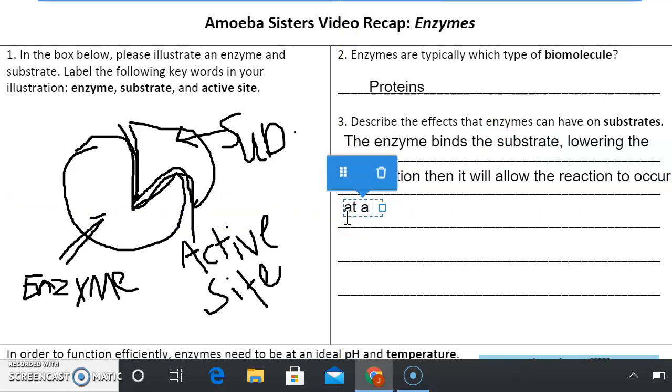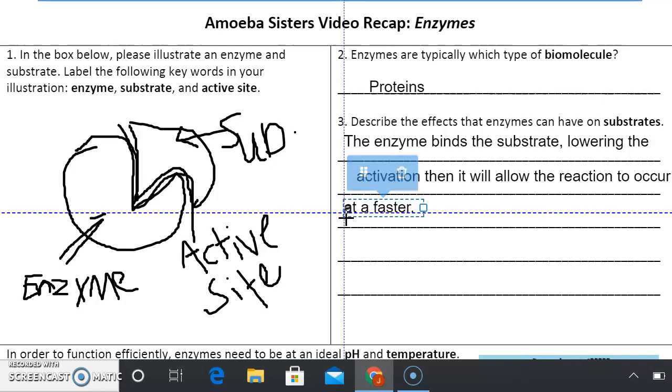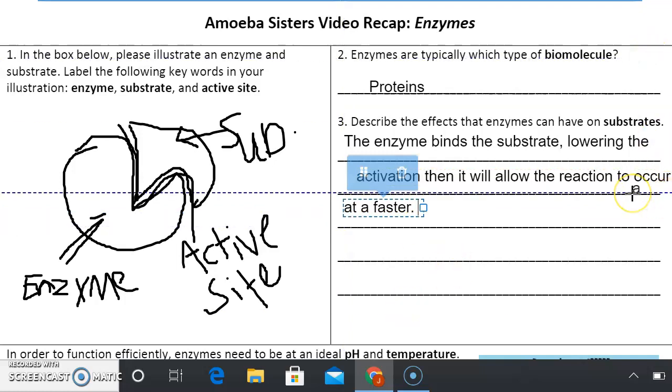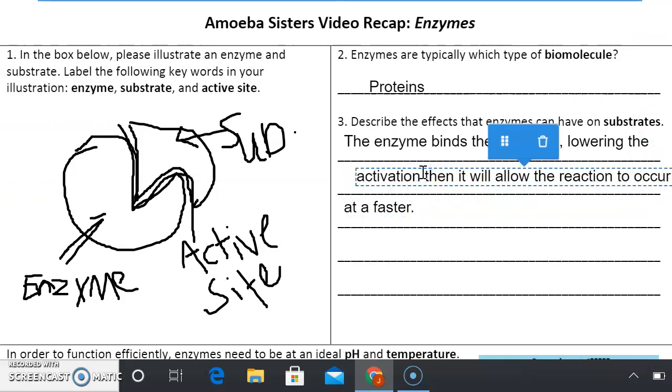At a faster rate. And sometimes that means it's putting together two chemicals as part of the two parts of the substrate to make a new product, or sometimes there may be a substrate there and it's going to break it apart and make a new product. Anyway, the enzyme is going to bind to the substrate, lowering the activation energy. I should say energy there. It's going to lower that activation energy.